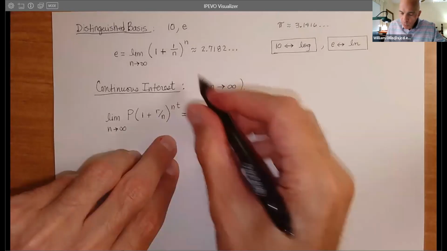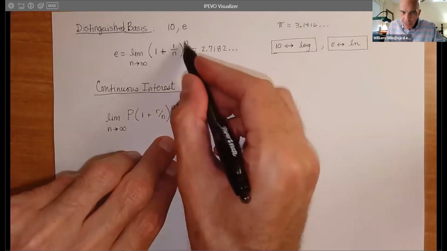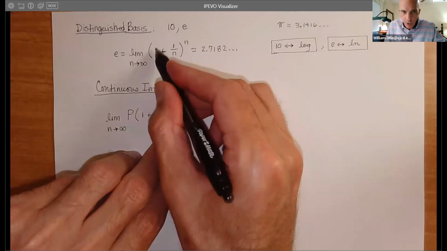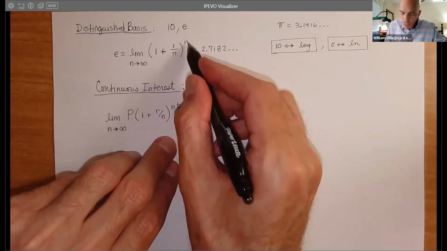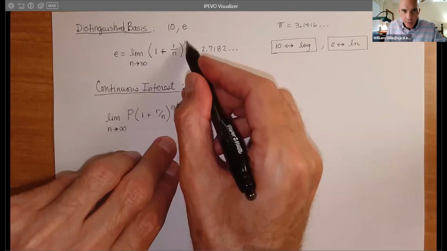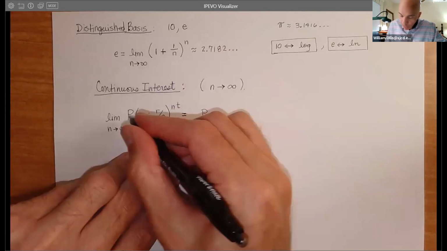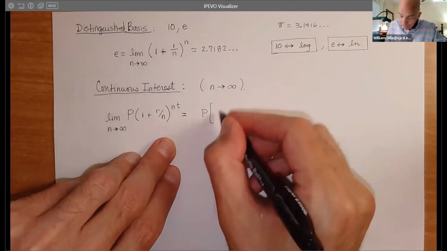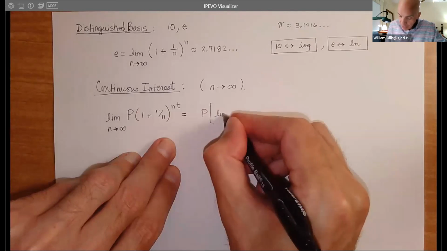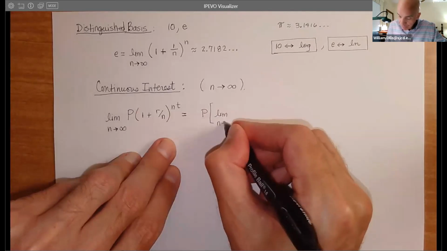Notice we want to be able to rig everything so it looks like 1 plus 1 over something to a something power where these two expressions are the same. So what we're going to do is first, we're going to factor the P since it's just a constant and take the limit as n approaches infinity.